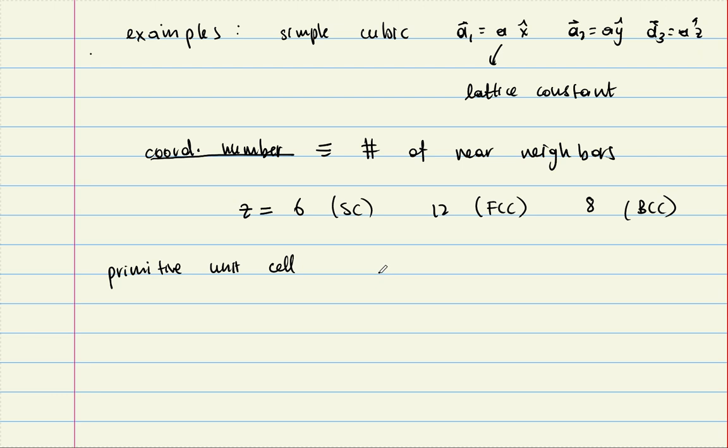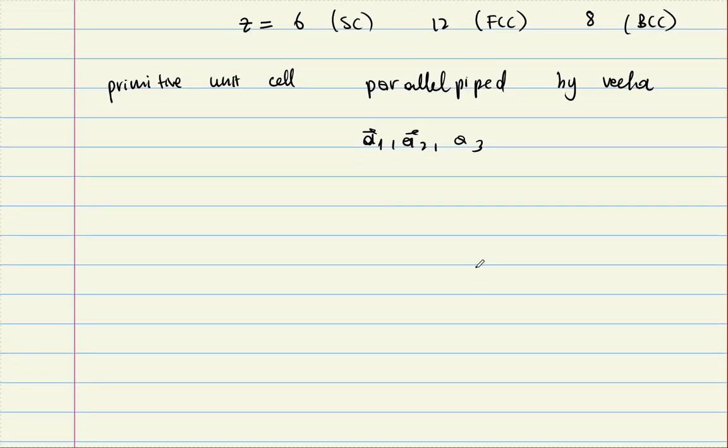A good choice is the parallelepiped spanned by vectors A1, A2, and A3, right? You can form a cube or some parallelepiped from these 3 vectors, and that's the primitive unit cell.